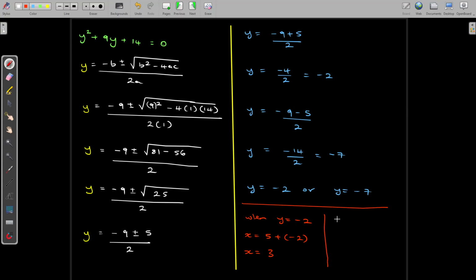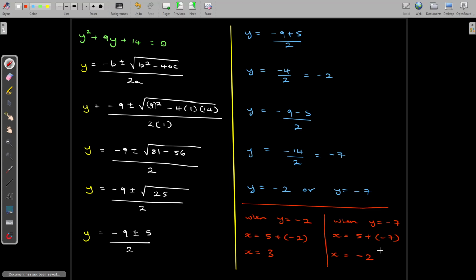Similarly, when y is equal to negative 7, x is equal to 5 plus negative 7, x is equal to negative 2. So those would be your two solutions. Y is negative 2, and x is 3; y is negative 7, and x is negative 2.